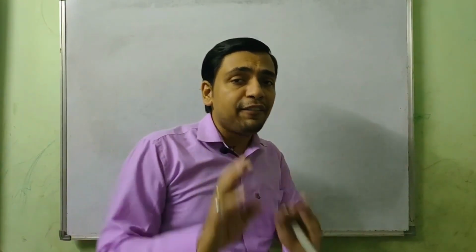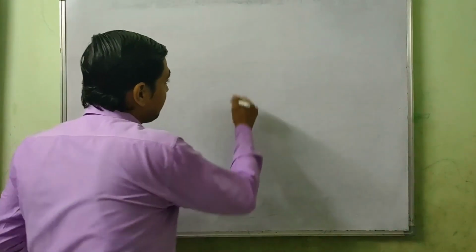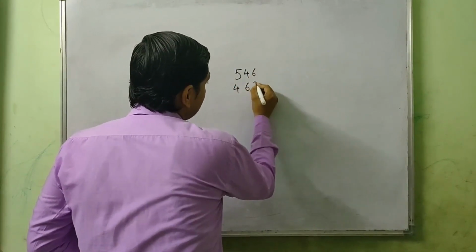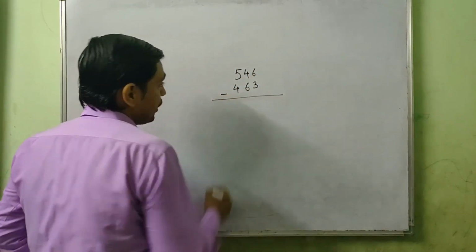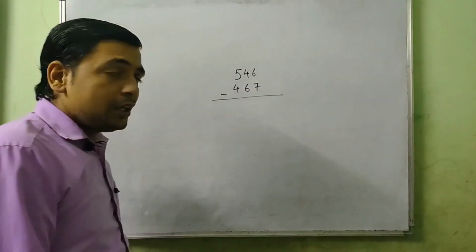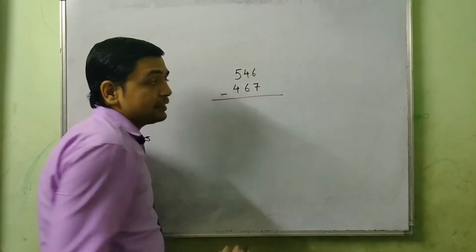Just for your revision, I am showing you how we borrow in mathematics. For example, the numbers are 546 and 467. While subtracting, you cannot subtract 7 from 6, it's obvious.